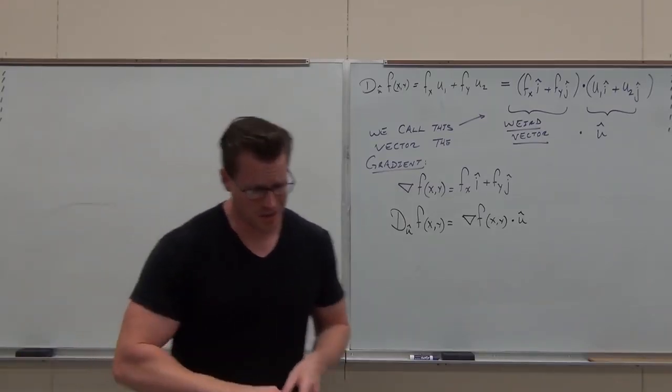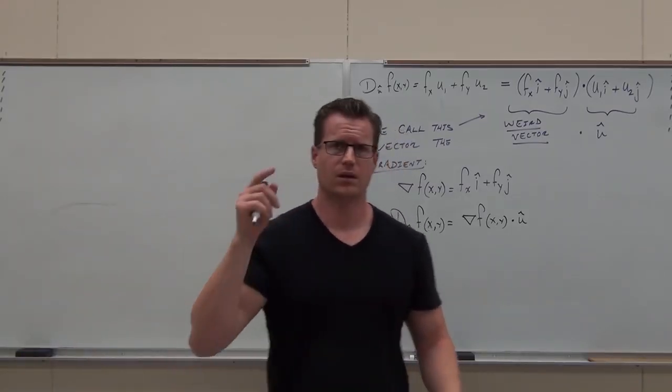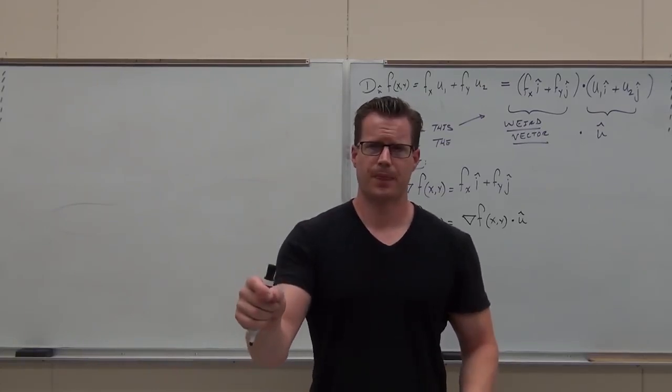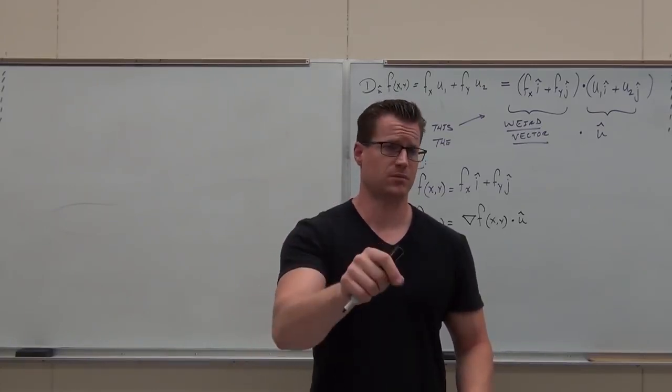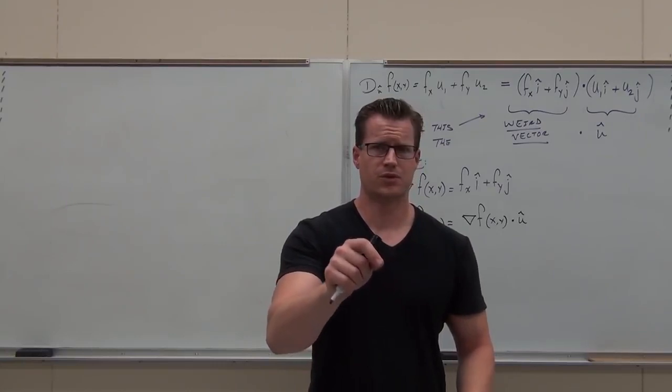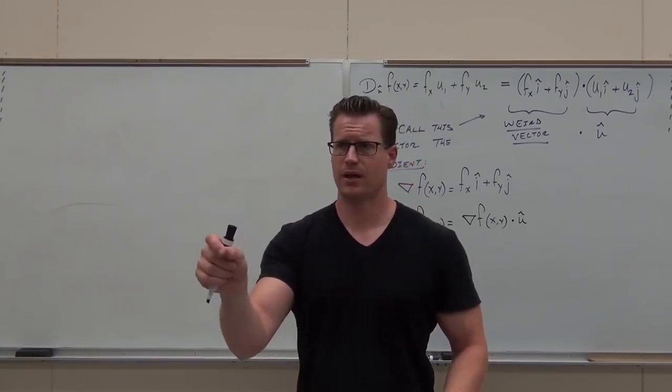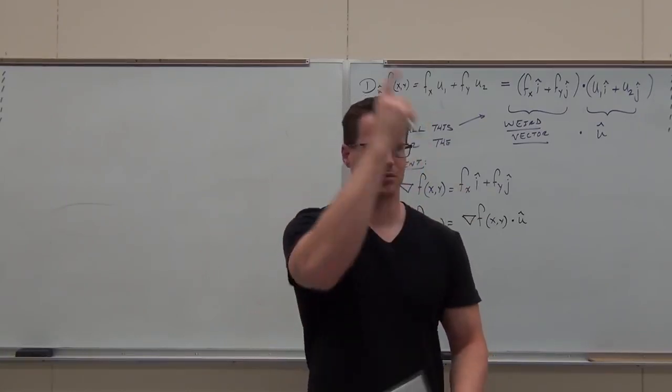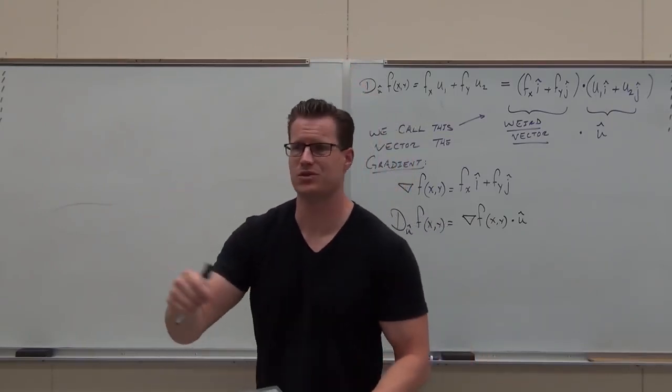So some pretty major notes. The first one, the derivative. Is the derivative a vector? No. The derivative is a scalar, and it represents the slope. So derivative is a slope, it's not a vector, it's a scalar.